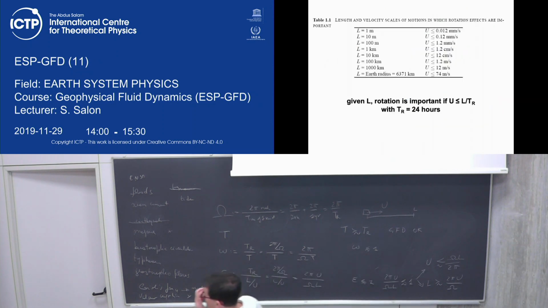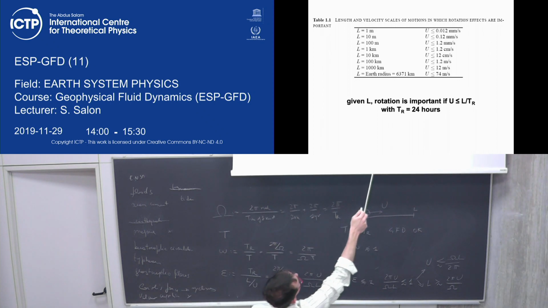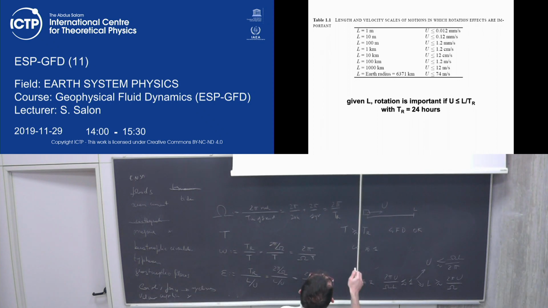So in the Cushman book, you will find this table. And this is, let's say, very basic, because they just take this equation, very simple, and just put in numbers. So from 1 meter to the Earth radius, which is the maximum length that we can have on our planet. And you can see that these are the limits of the velocity, okay? So, for example, at 100 kilometers, we have less than 1 meter per second. At 1,000 kilometers, we have 12 meters per second.